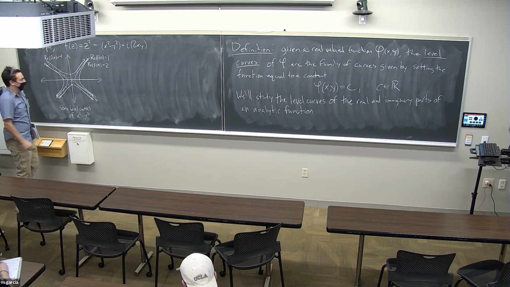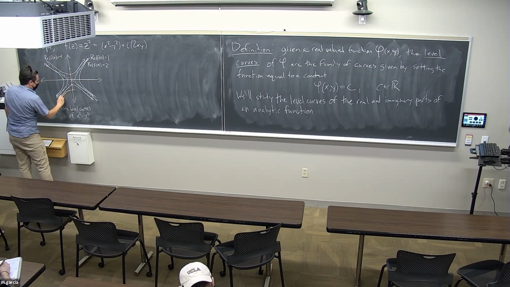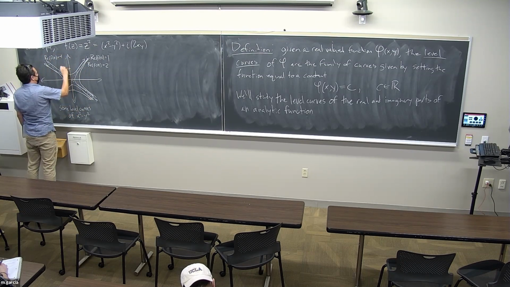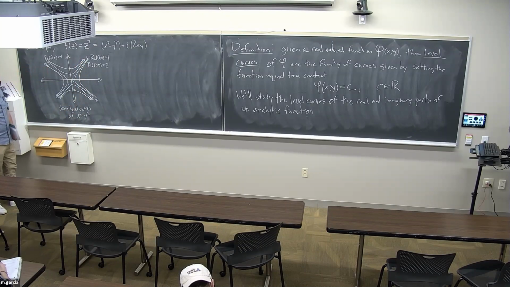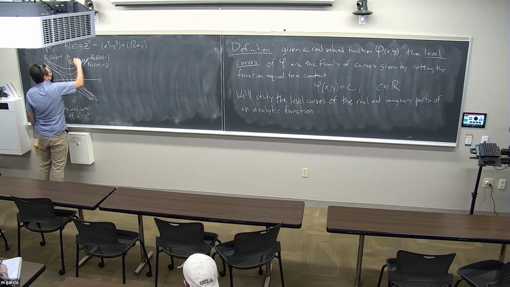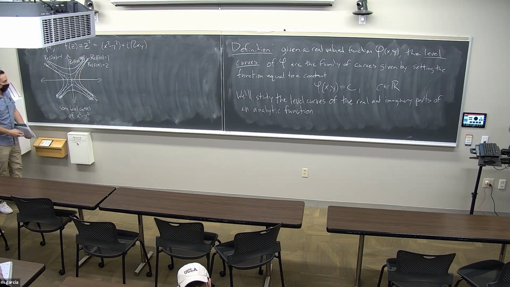Same story here: I just get a slightly shallower hyperbola at the real part of f of z equal to -2.